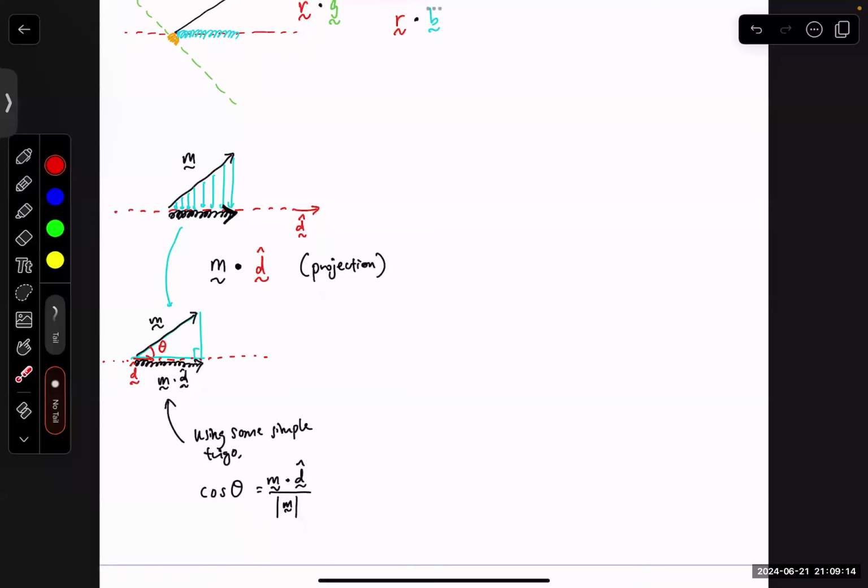This tells us a few things. I'm just going to go off on a tangent a little bit because over here we can see a few concepts ahead of the sequence that I want to cover. The first thing is we can find the angle theta. You can find the angle theta by doing cosine inverse of that, whatever that is.